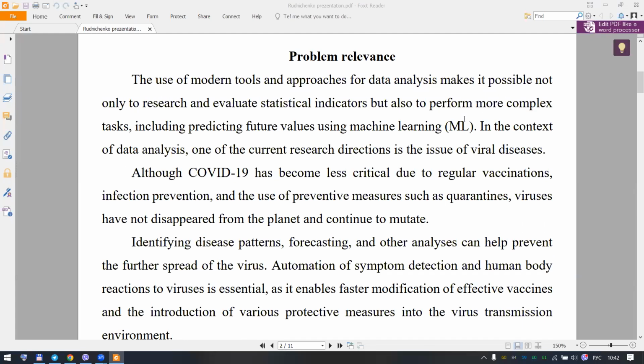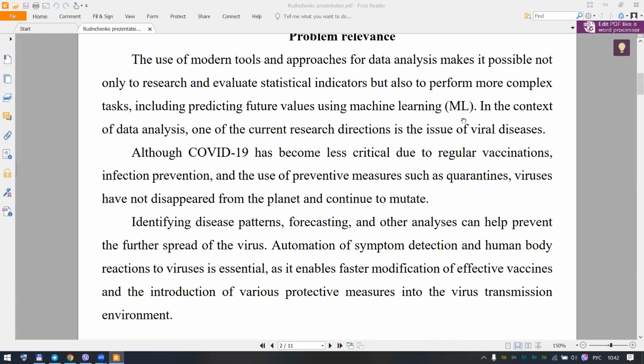Problem relevance. The use of modern tools and approaches for data analysis makes it possible not only to research and evaluate statistical indicators, but also to perform more complex tasks, including predicting future values using machine learning as a field of artificial intelligence.